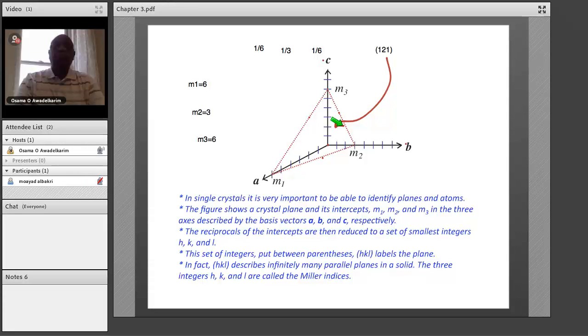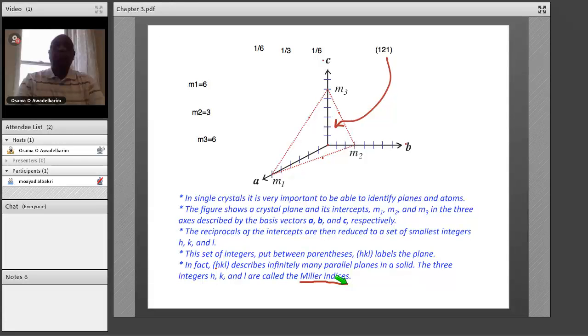So this is the (1 2 1) plane. This is what is summarized here. And these numbers, which I'm referring to here as h k l, are called Miller indices. Miller, of course, is the name of the scientist who first came up with this representation.